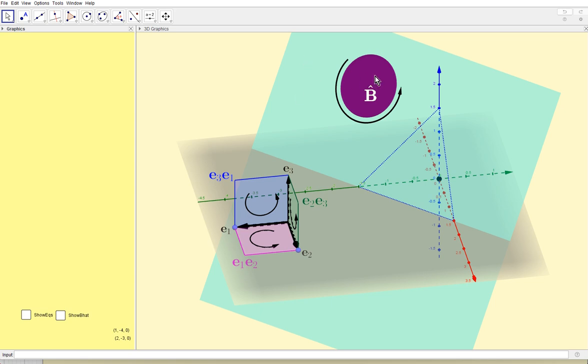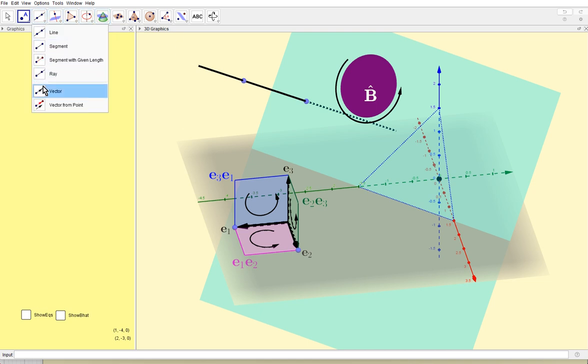So the first thing we have to do here is construct a unit vector that is perpendicular to the bivector. So I'll do that quickly here. We'll choose some point on this plane, construct a line perpendicular to that plane and through that point, and I'll just choose some other point here and construct a vector from that point to there.